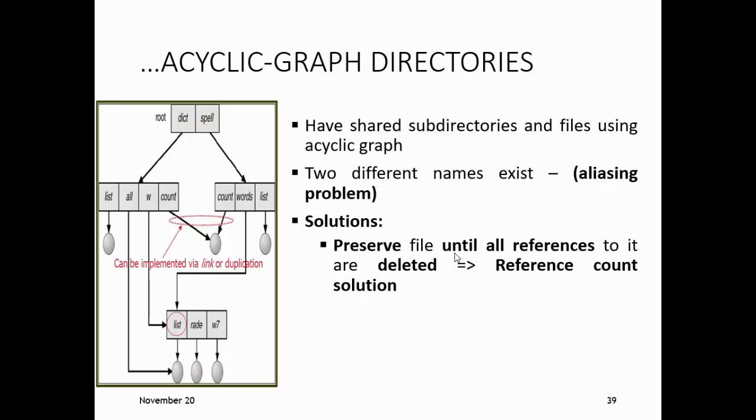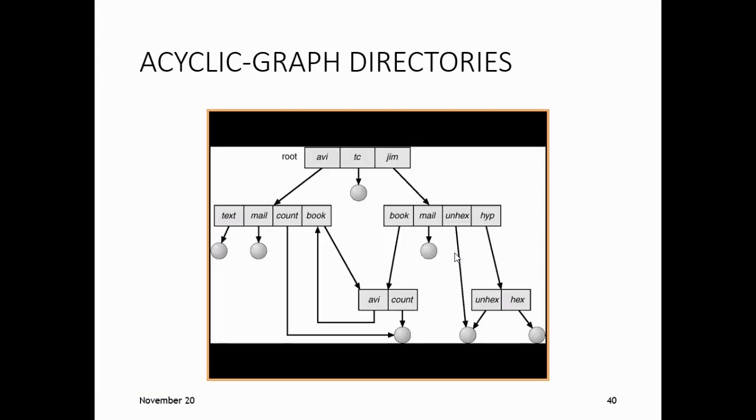Okay. Acyclic graph directories again, you have naming issues. Some of the naming issues, you have both folders having the same name. Although it is allowed, it will create problems in terms of searching and grouping because which file or which group to search.